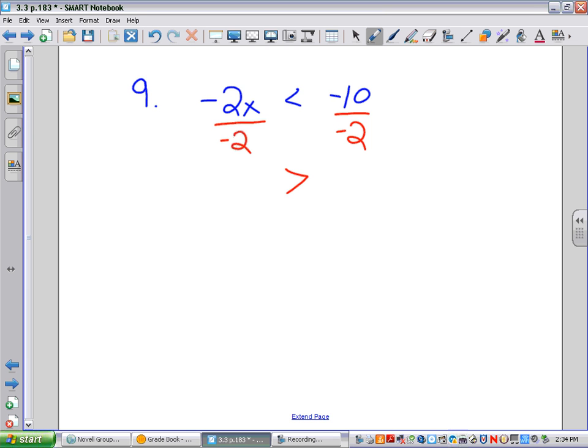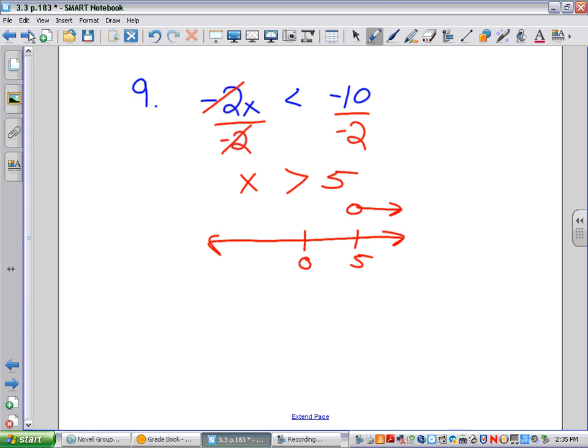I do everything else the same. Negative 2's are gone. Negative 10 divided by negative 2, remember that 2 negatives make a positive, so it's positive 5. So the answer is x is greater than 5. I can graph that. Straight line, 2 arrows, 0, 5, open circle, greater than. And I'm done with that problem.